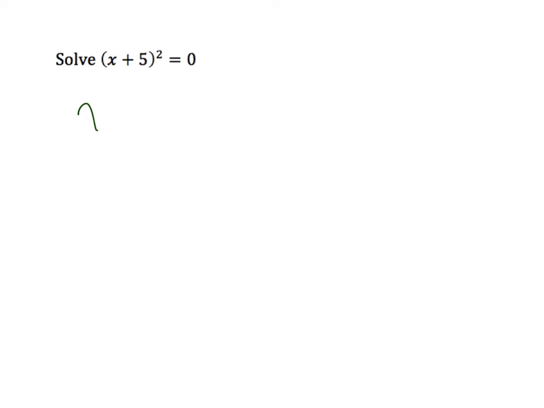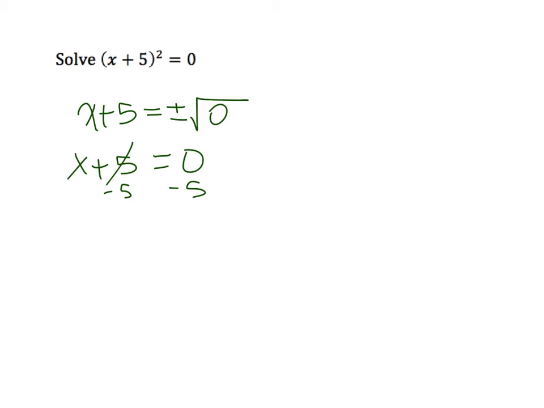So x plus 5 is equal to plus or minus square root of 0. The plus or minus doesn't matter at this point because square root of 0 is just 0, right? Positive 0, negative 0, doesn't matter. It's just 0. So I'm going to subtract 5 from each side, so I'm left with x is equal to negative 5.